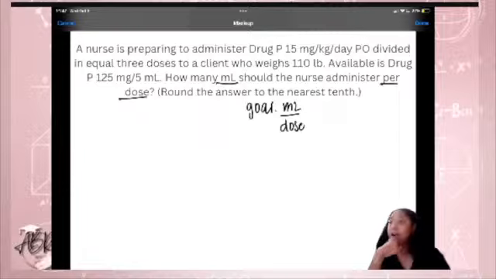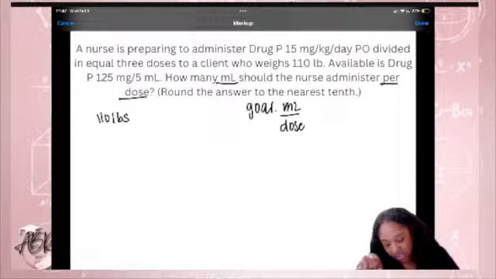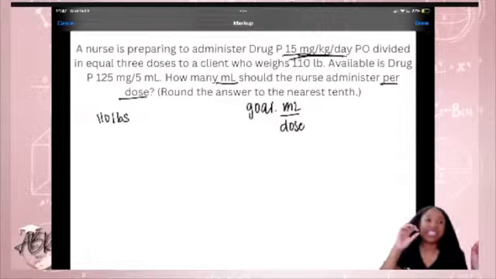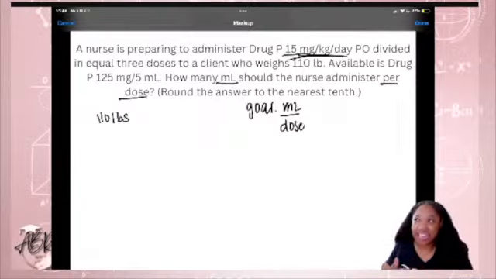So now, PPP, patient prescription product. So our patient's weight is 110 pounds. So look at the prescription. This is 15 milligrams per kilogram of body weight in a whole day. That says per day. So in the whole day, that's how much they are to get. But you can't give it in a whole day if you're not trying to kill the kidneys or the liver, okay?